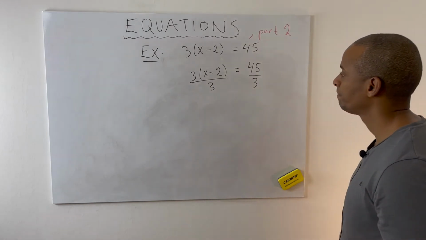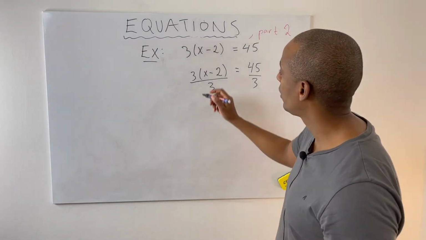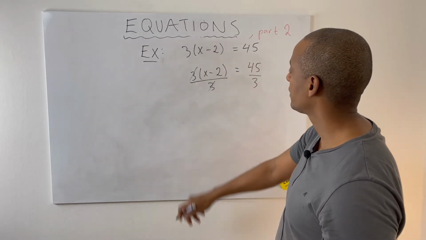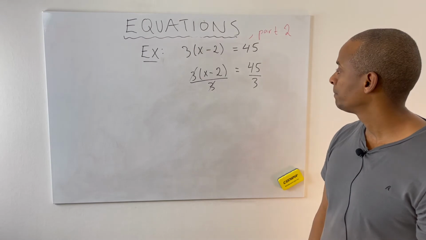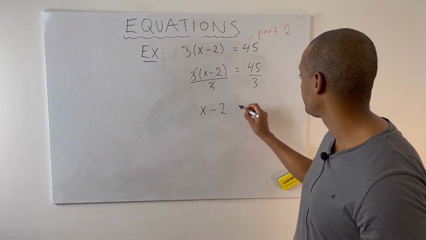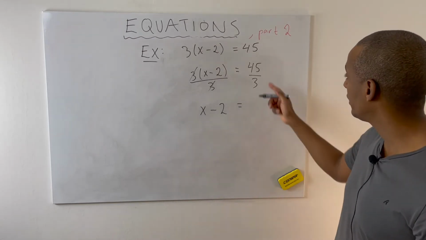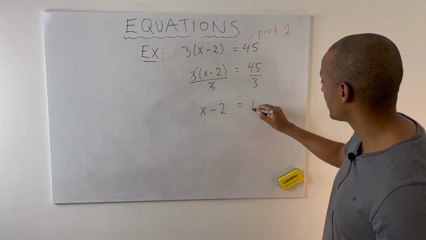Okay. And now, these two things, they cancel each other out. Okay? So we only have x minus 2. And here, on the right-hand side, we have 45 divided by 3, that's 15.